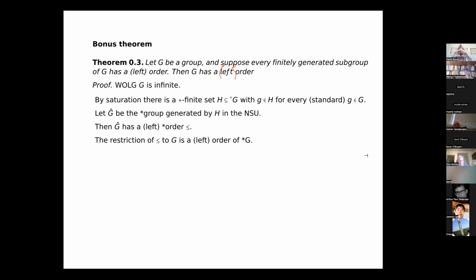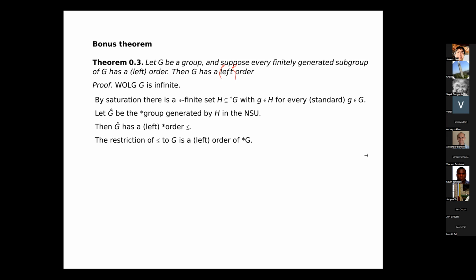But in the non-standard universe, we can look at the internal group generated by H, and you can write that down formally for every group and every subset. There exists a group which is a subgroup of the original group, which contains the original subset, and which is also contained in every group containing the subset. That requires a first order theory that deals with sets.